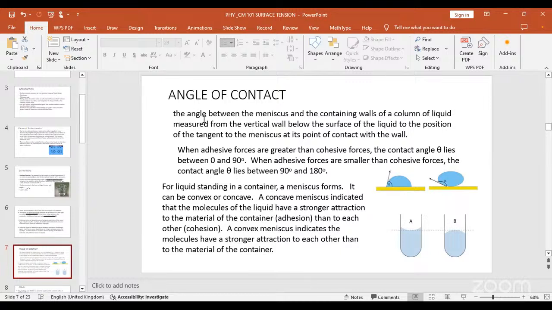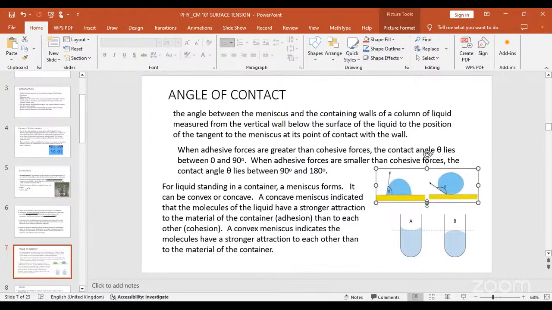Here we say the angle between the meniscus and the containing walls of a column of liquid, measured from the vertical wall between the surface of the liquid to the position of the tangent to the meniscus at a point of contact with the wall, is the angle of contact. If you were to extend this, you can see the angle of contact that it makes between the meniscus and the wall.